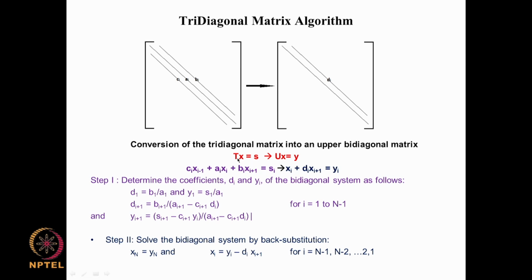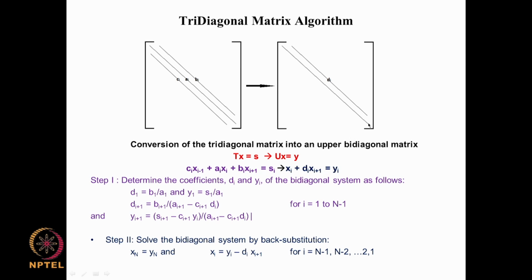So the transformation of Tx equal to S to Ux equal to Y gives a coefficient matrix like this, which can be solved through successive substitution, a specialized substitution in which any equation is of the form xi plus di xi plus 1 equal to yi. So there are only two variables.